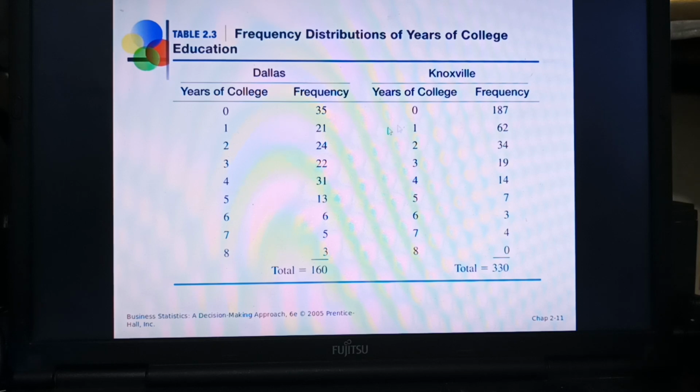And 62 had 1 year in college, 34 had 2, then 19 had 3, 14 respondents with 4 years in college, 7 respondents with 5 years in college, 3 with 6 years, and another 4 with 7 years in college, while there was none that got up to 8 years of college education, for a total of 330 respondents.